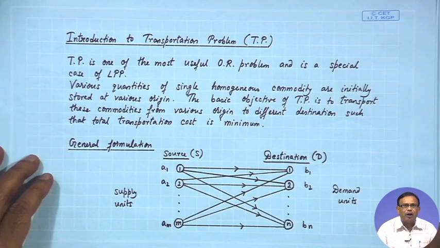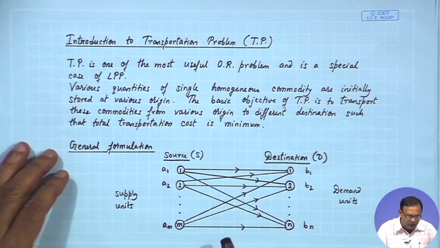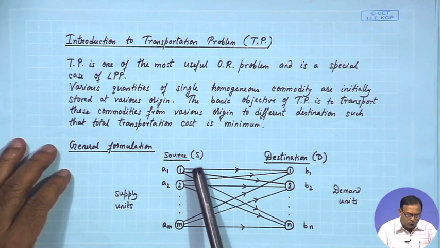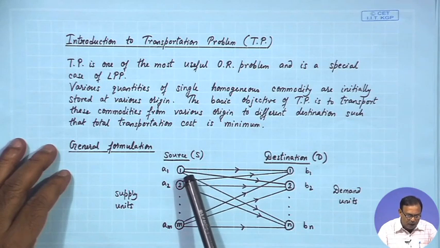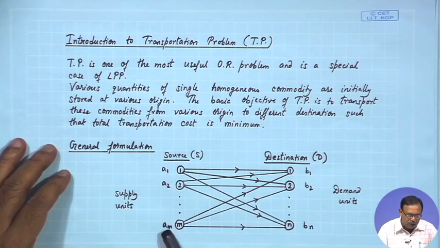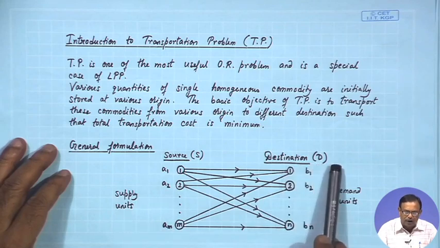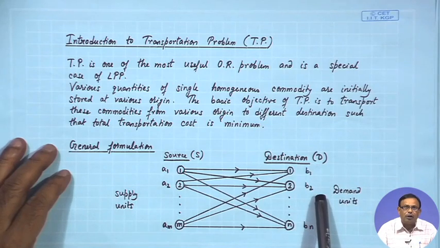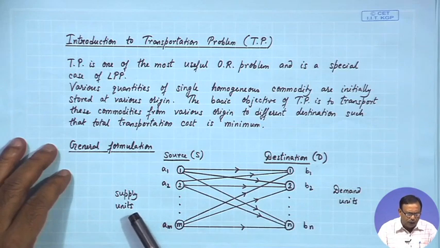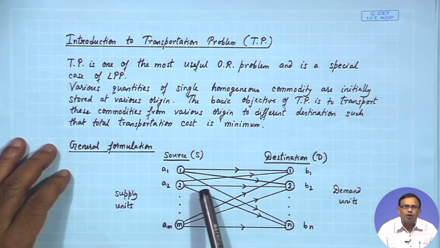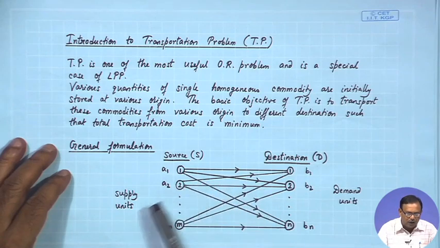If I have to form the general formulation, it can be written like this. You have some sources, which we denote as A1, A2, ..., Am. These m sources are called supply units, and you have certain destinations, which we denote as B1, B2, ..., Bn, called demand units. From the sources you will transport certain items to certain destinations.